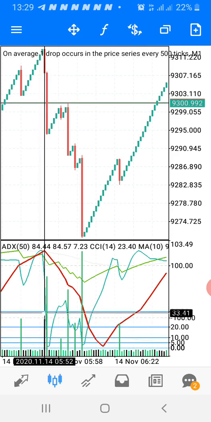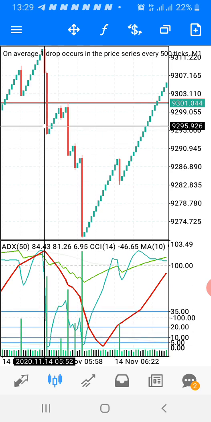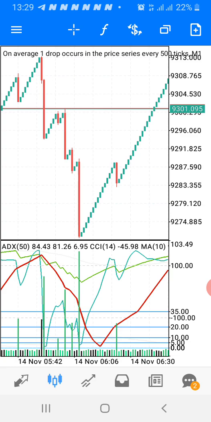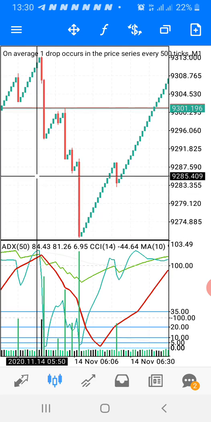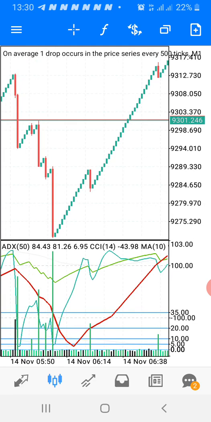If that next candle is a black one, then you expect another spike. Expect another spike, just like this. You see, you expect another spike, and this is it. So this is how to catch spikes in crash and boom.